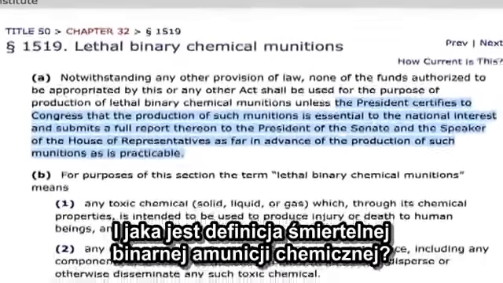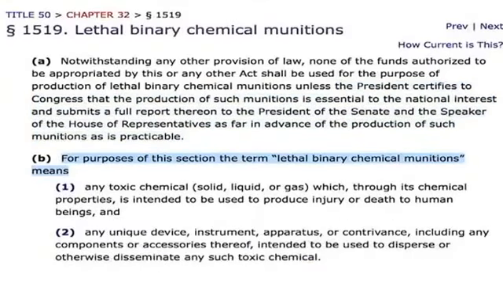And what is the definition of lethal binary chemical munitions?